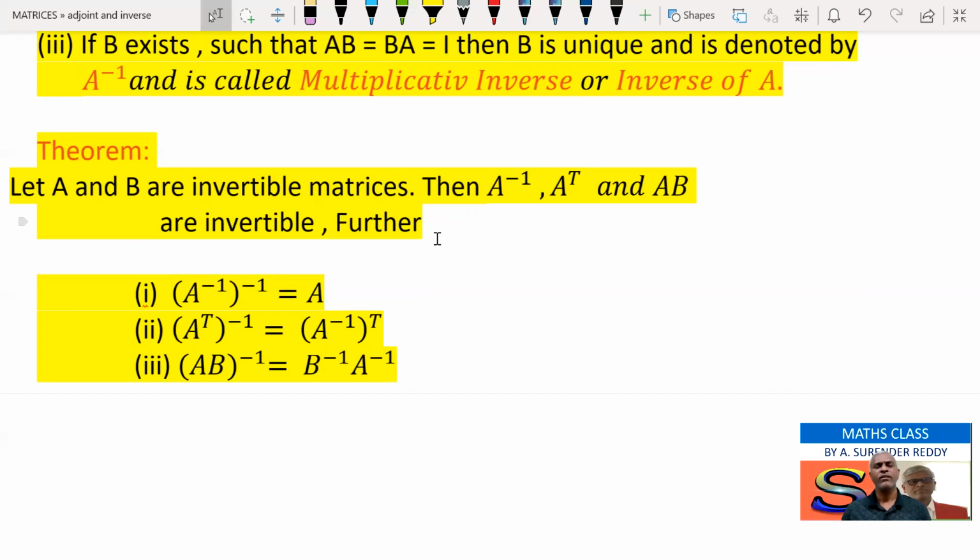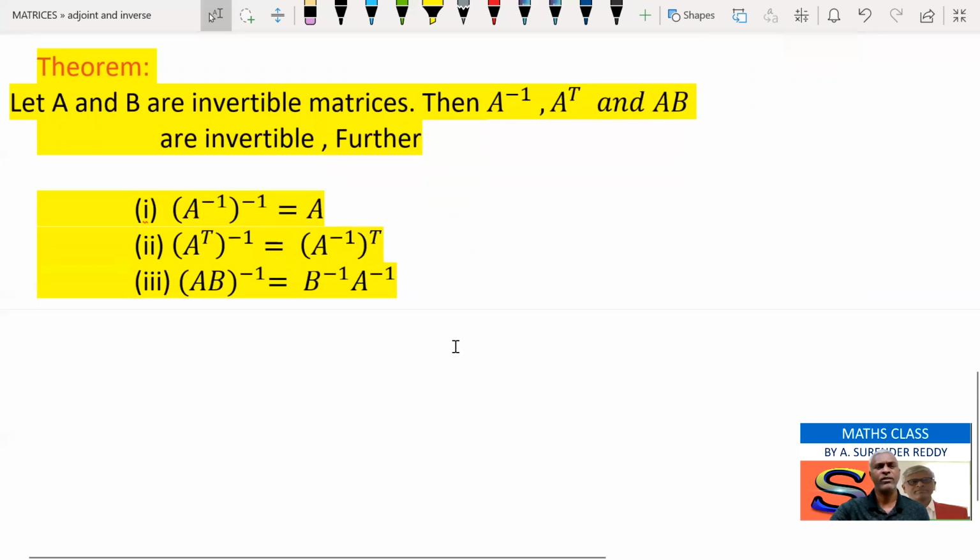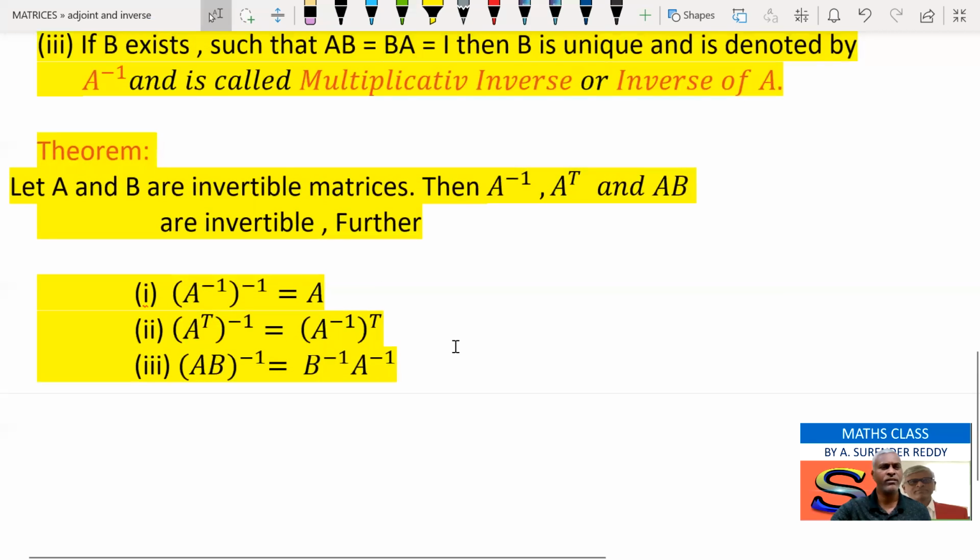And further, A inverse whole inverse is equal to A. If you take the inverse two times, it becomes A. Then A transpose inverse is equal to A inverse transpose. And AB whole inverse is equal to B inverse A inverse. So these are some important concepts in this chapter, very, very important.